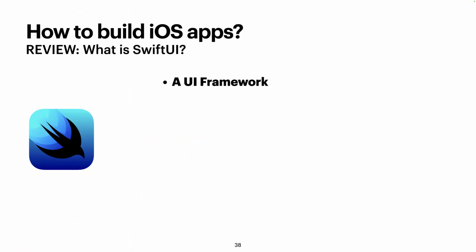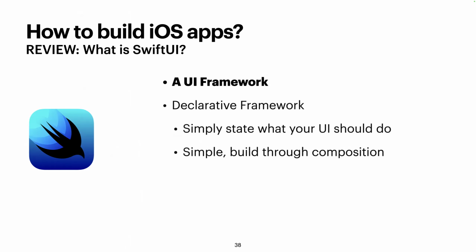So just a recap of how we build iOS apps, SwiftUI is a UI framework and it's a declarative framework. That means you simply state what your UI should do. And to create more complex views, you compose them from smaller, simpler views.